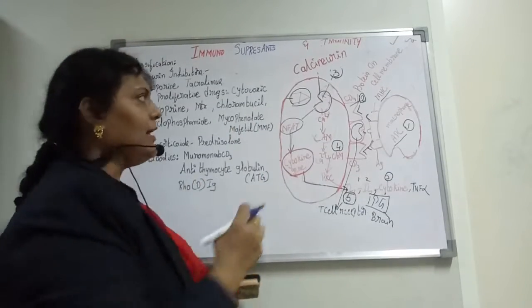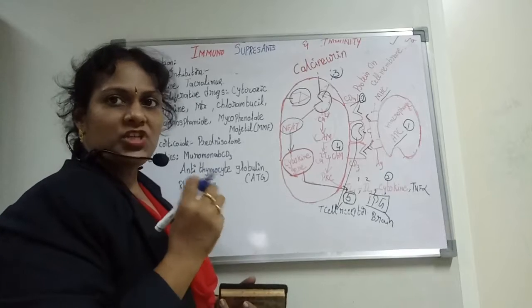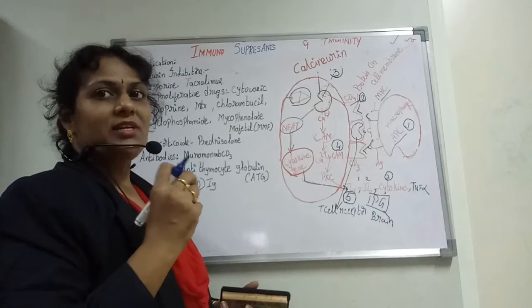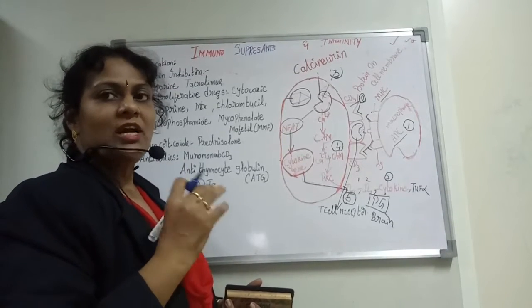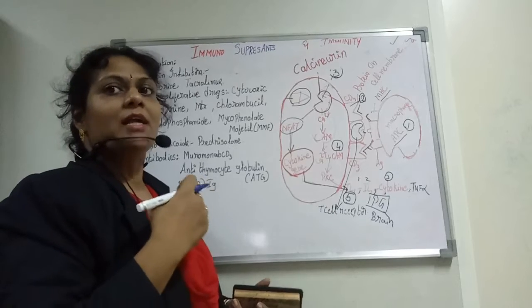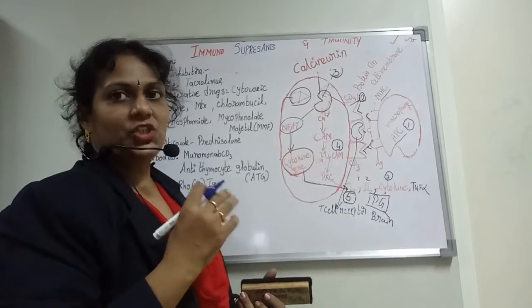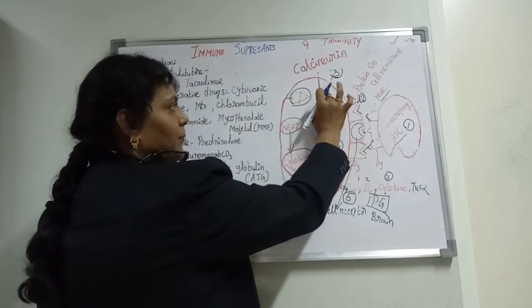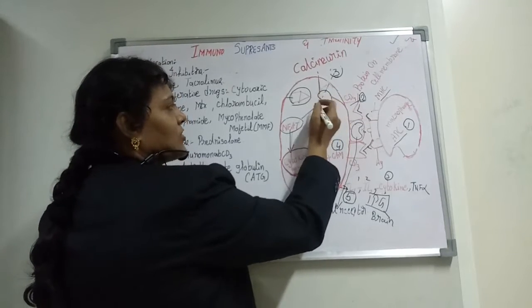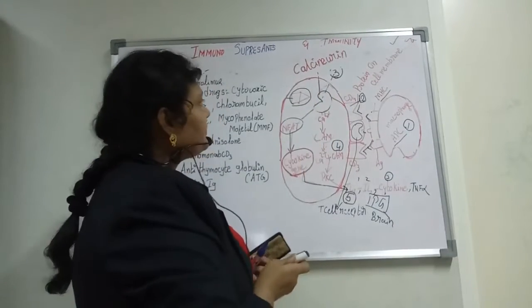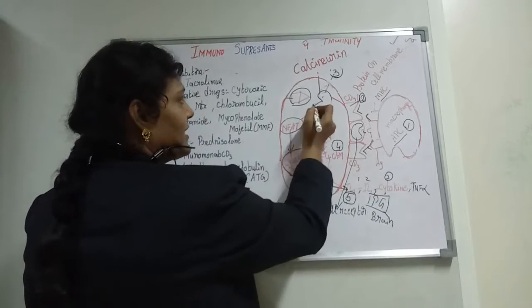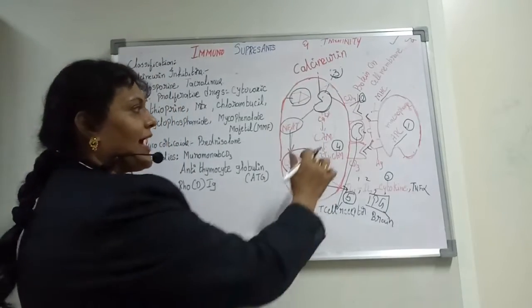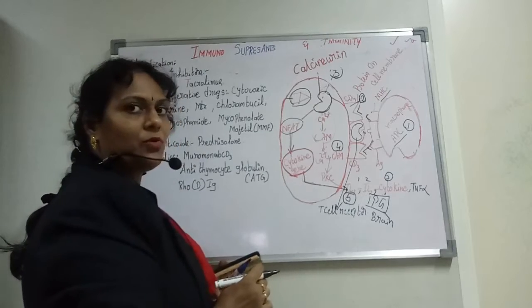Once it enters your T cell, it is collected by the protein called calcineurin. As I said yesterday, calmodulin is related to calcium ions, which is needed for depolarization and hyperpolarization, the firing of neurons. This calcineurin is a protein, and as I said yesterday it is a complex of calcium and calmodulin.